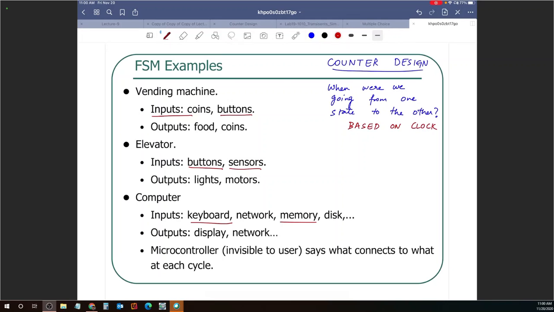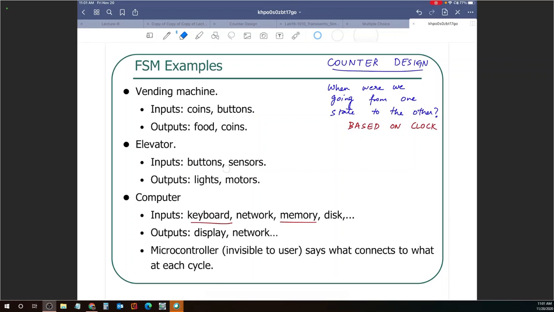For example, when somebody inserts a coin into a vending machine, the vending machine goes from one state to the other, from having no money to having some amount of money. So that's where we are going with this. State transitions now are being controlled by something real, something that the user is controlling.